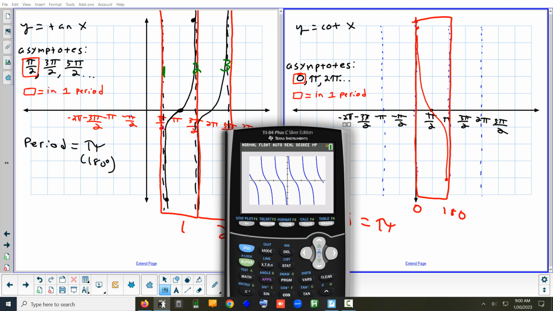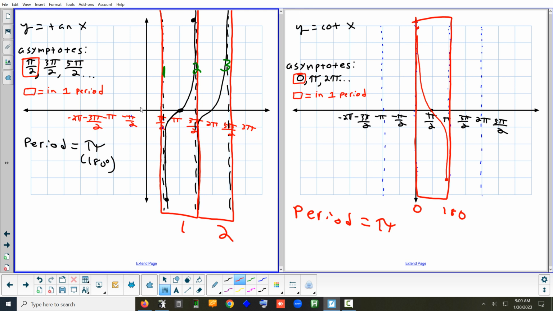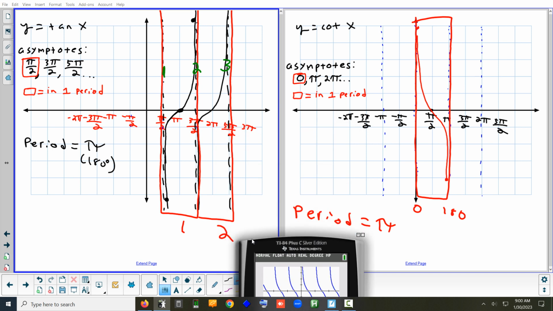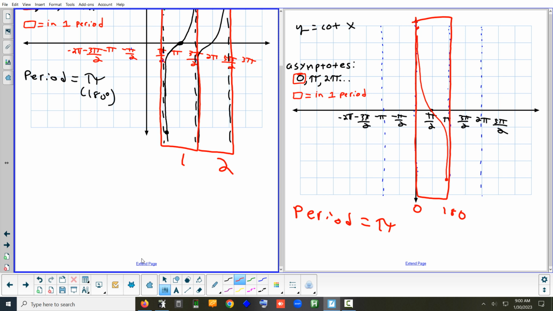The other thing, if you look carefully at them, tangent, I didn't draw this cycle, but tangent does go right through the origin if you drew in the cycle before the one that I drew. Cotangent does not. It skips the origin. So let's look at one other thing that they have in common. Let's write down the values where it crosses the x-axis.